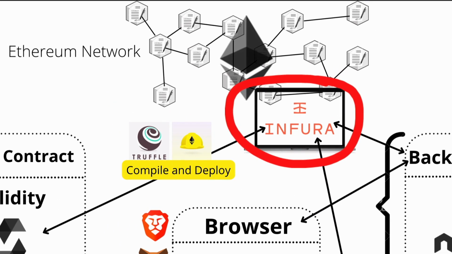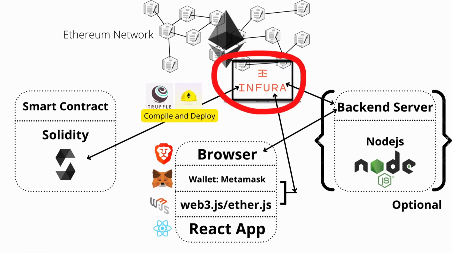Okay, we have ignored this Infura aspect. What does that mean? Well, think about what communicating with an Ethereum blockchain requires. We have to run a node in the network. Otherwise, we cannot communicate with other nodes.